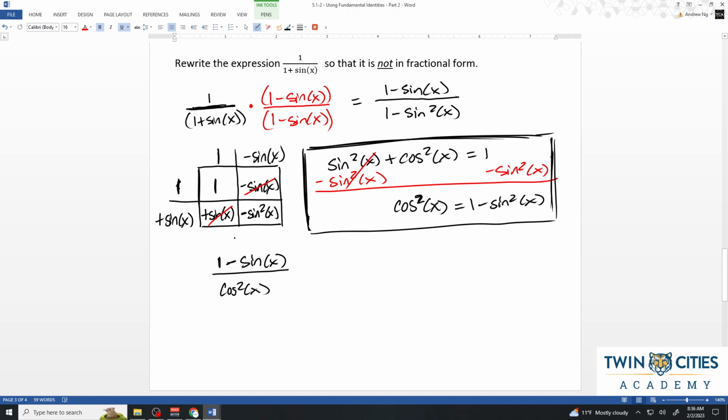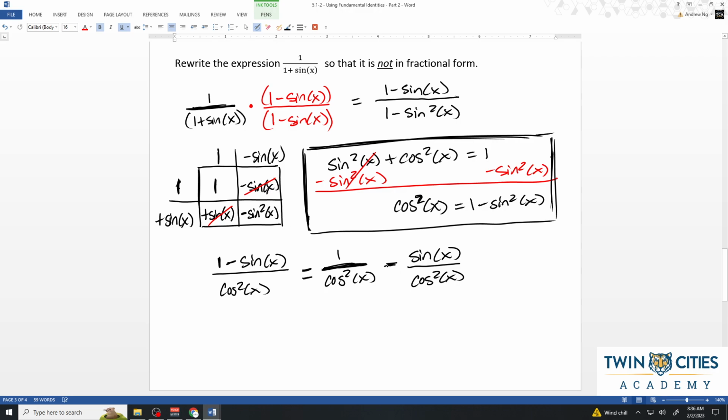This is still a fraction, so I'm not done yet because it says not in fractional form. So what else can I do? Let's break this up. This is the same as 1 over cosine squared of x, and then minus sine of x over cosine squared of x.